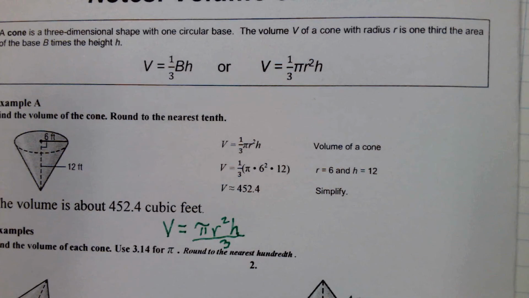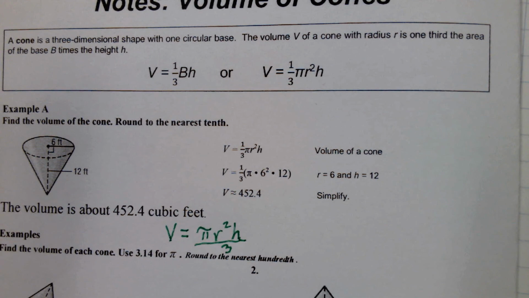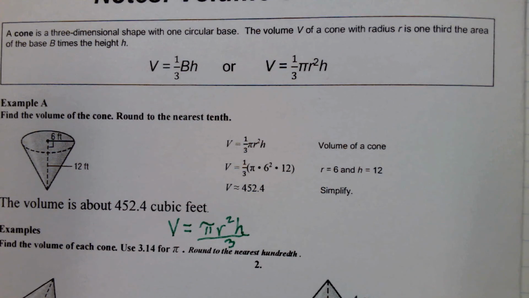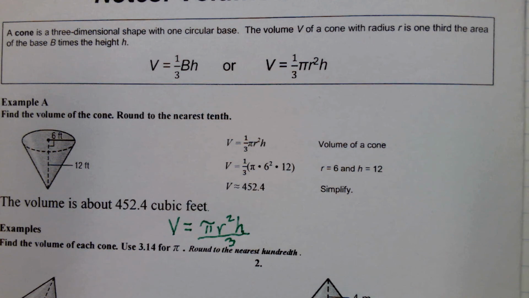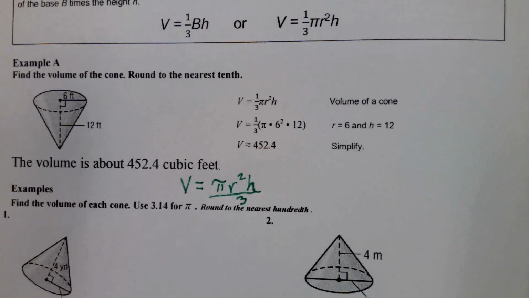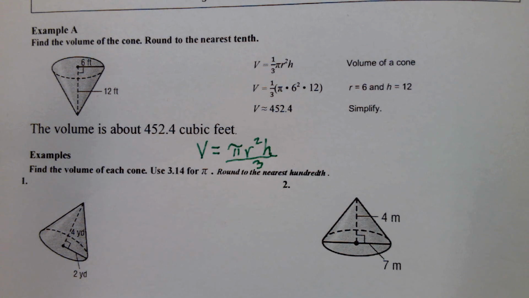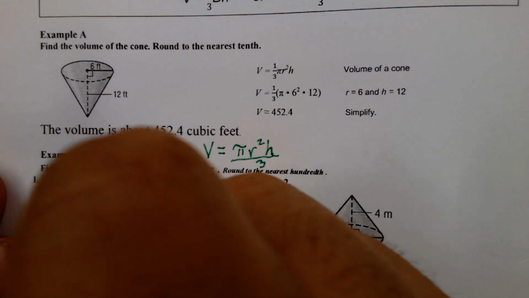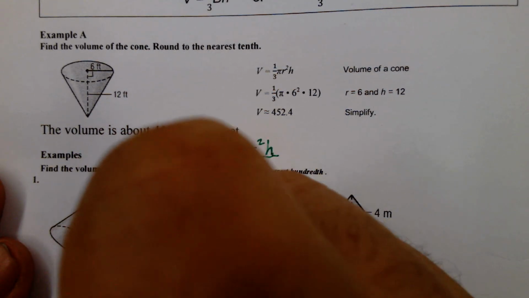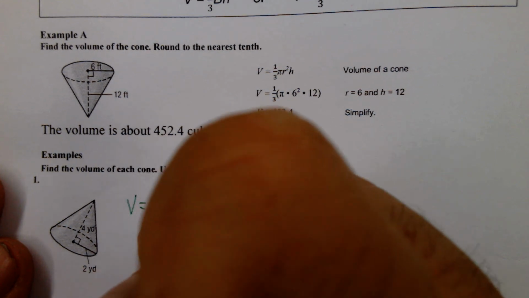So in these next examples, we're going to write our answer in terms of pi. That means pi stays as the pi in the answer. And then we're going to go ahead and convert that pi to 3.14 so we get a rounded approximate answer, okay? So let's start with our formula. Pi radius squared height.